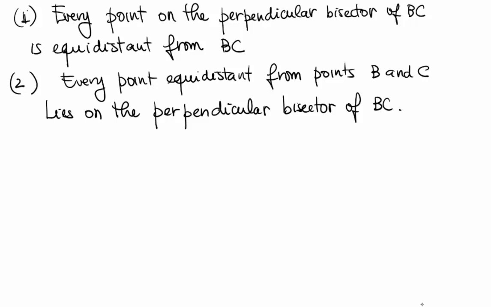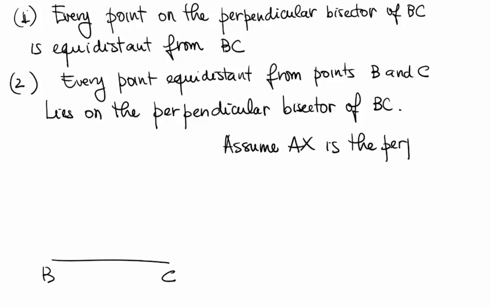So let me draw a picture here. This is B, C, and for the first fact, assume that AX is the perpendicular bisector of BC.